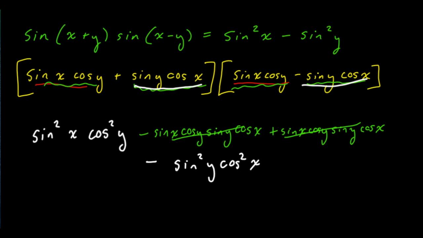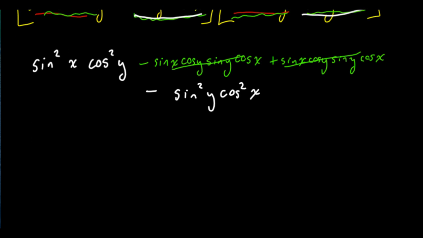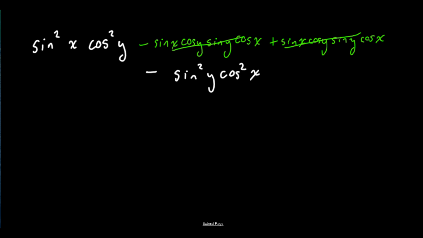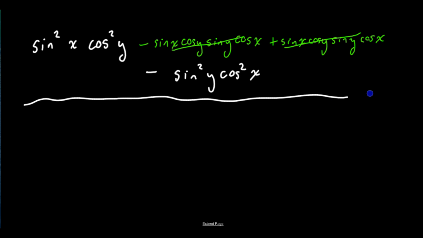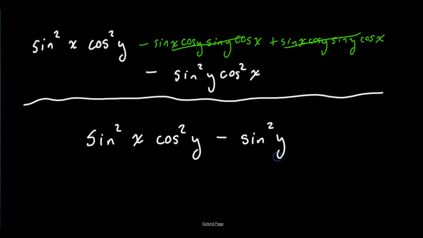So we took the left-hand side and distributed it, and now we're left with sine squared x cos squared y minus sine squared y cos squared x. All right, so we're almost done. We don't have it yet, but we're going to use some more trig identities.